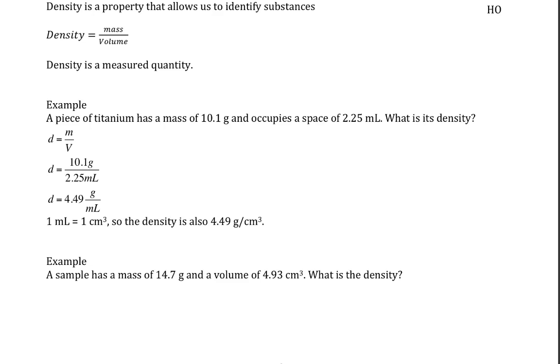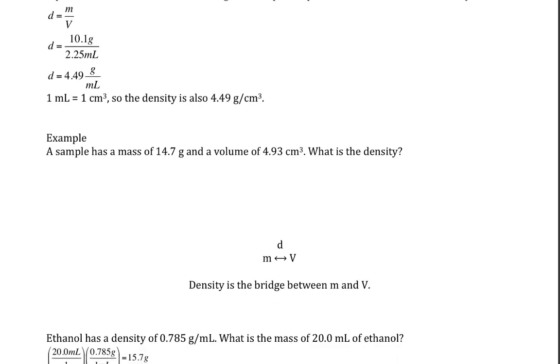So we end up with dividing 10.1 by 2.25, and we get 4.49 to 3 sig figs. Our units, none of them cancel out, so we have simply grams per mL. 1 milliliter is 1 cubic centimeter, so the density is also 4.49 grams per cubic centimeter. Here's an example for you to do and check your answers for later.